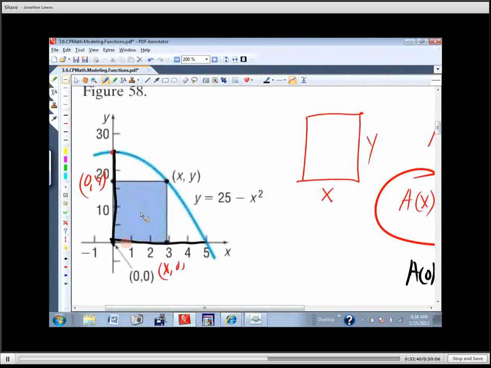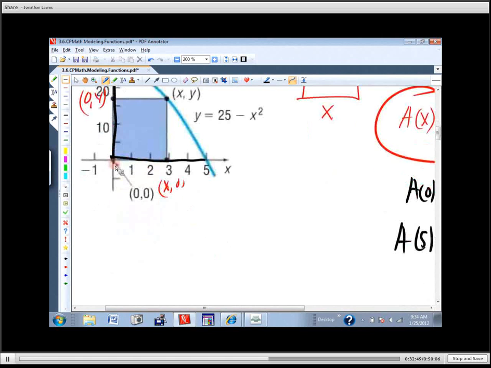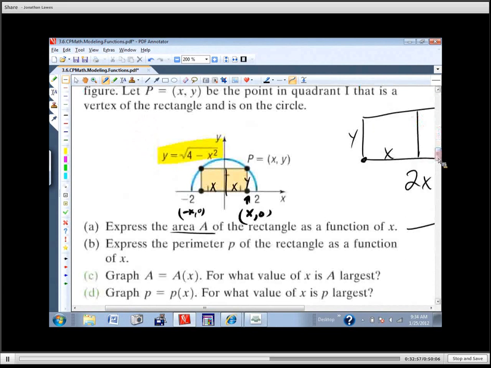That's why this is only x wide and y tall. The only way we'd have a 2y is if we said take that rectangle and go just as far down, which they don't do. So don't worry about that. They don't make it that complicated. Does that make sense?